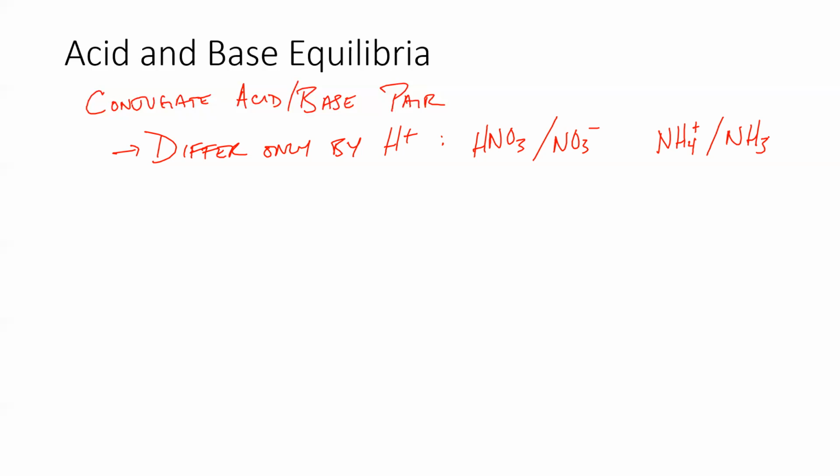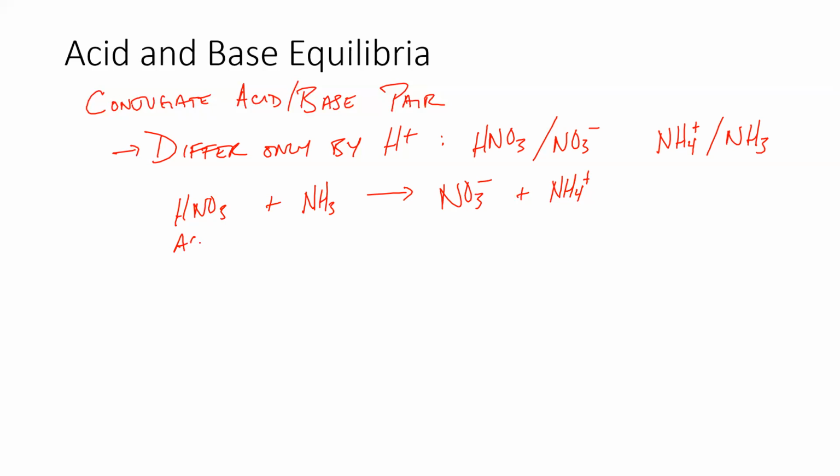When we talk about conjugate acids and conjugate bases, the term conjugate is always used for whatever the products are. So, for example, if we had these two reacting, HNO3 plus NH3, these are going to react to give us NO3 minus and NH4 plus.